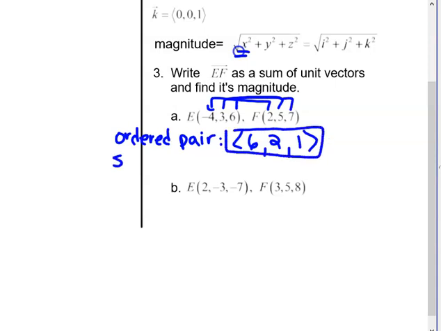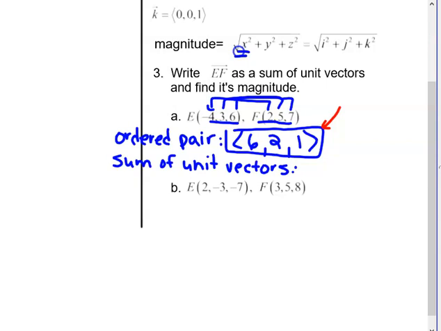If I were going to write it as the sum of unit vectors, I would take that same new vector, because remember, I'm just repositioning it. So here it starts at this point, ends at this point. Well, that's the same as if it started at 0, 0, 0 and ended here.